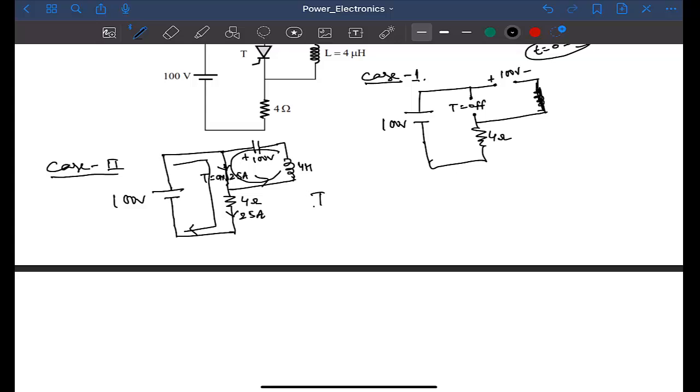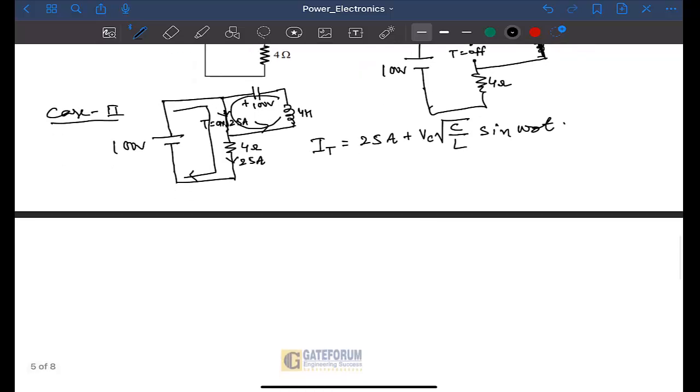So total thyristor current when your thyristor is turned on is 25 ampere plus capacitor voltage VC under root C by L sine omega naught t. Correct?